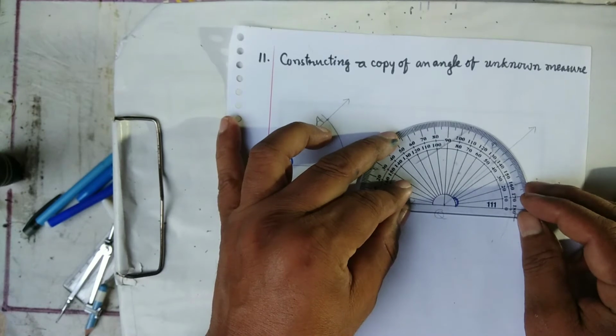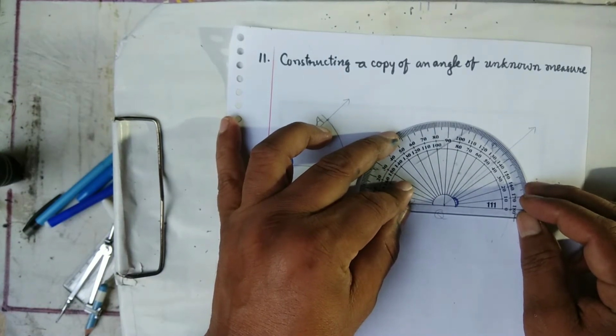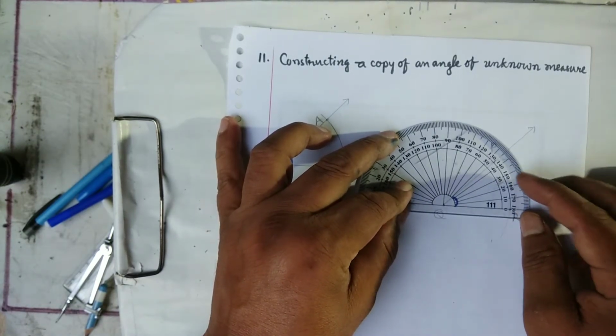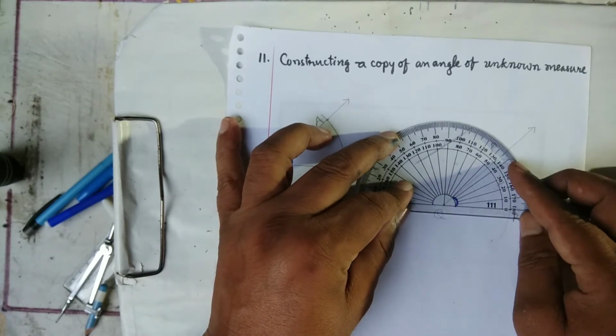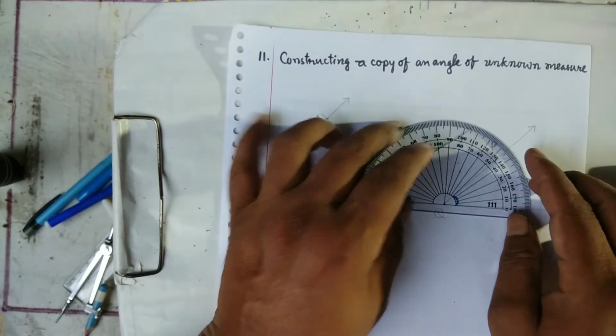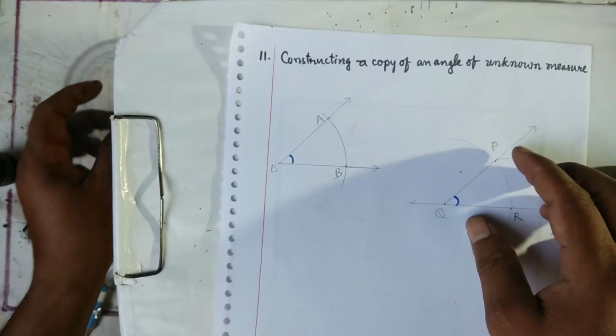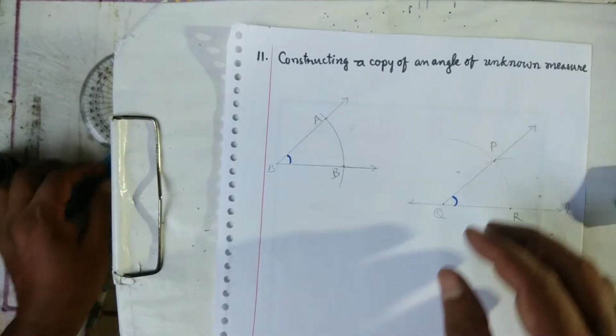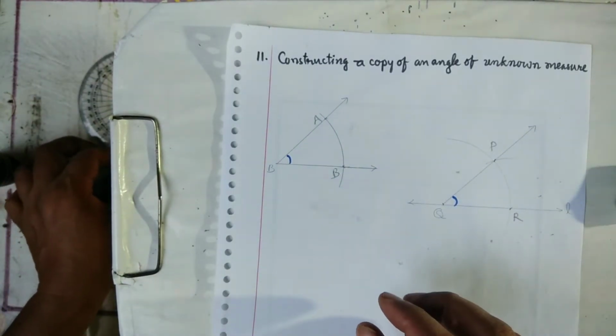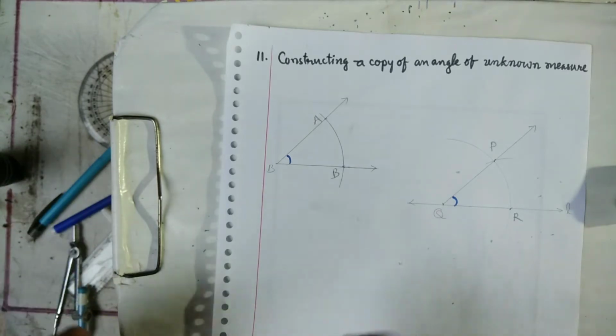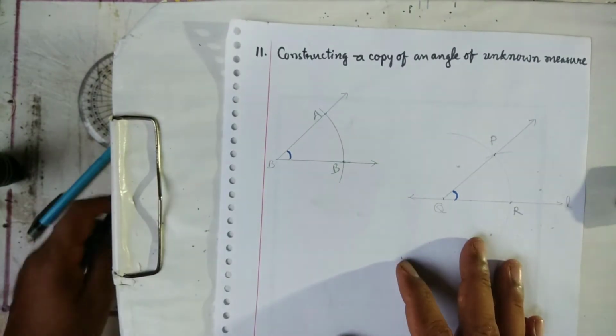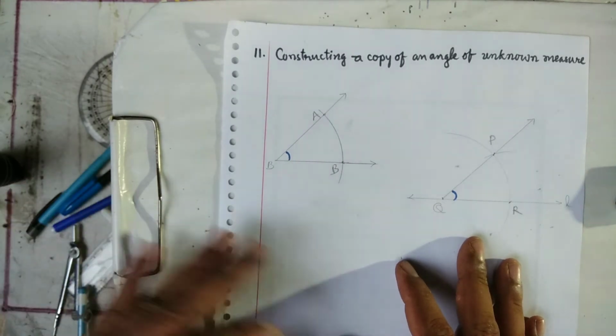Given angle is 46. This is also 46. So like this we can draw angles which is given without measuring angles.